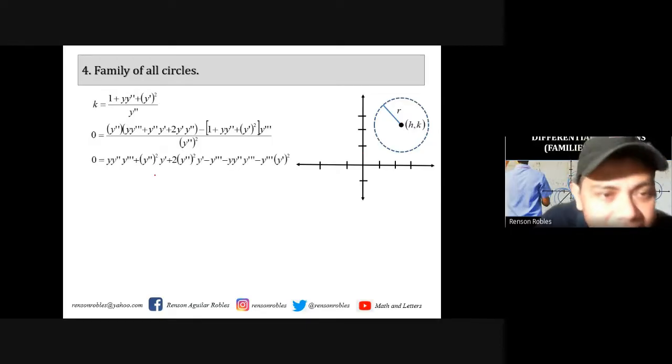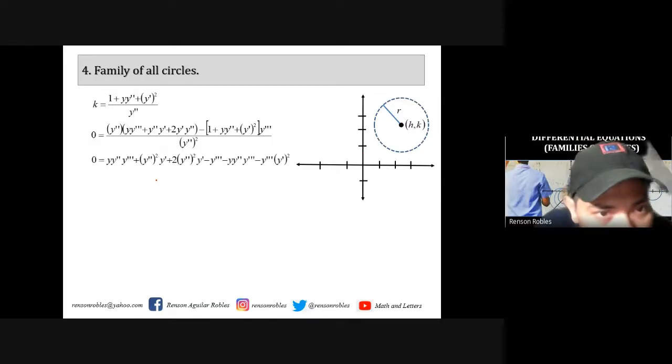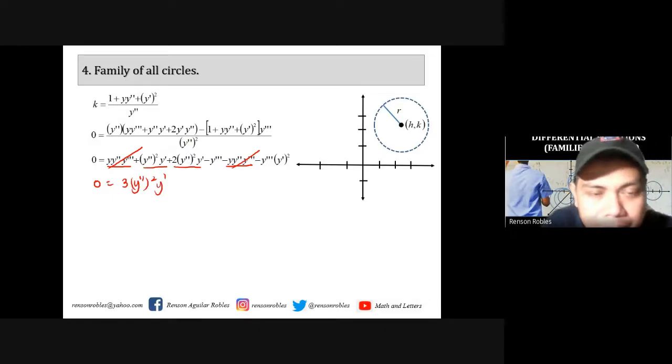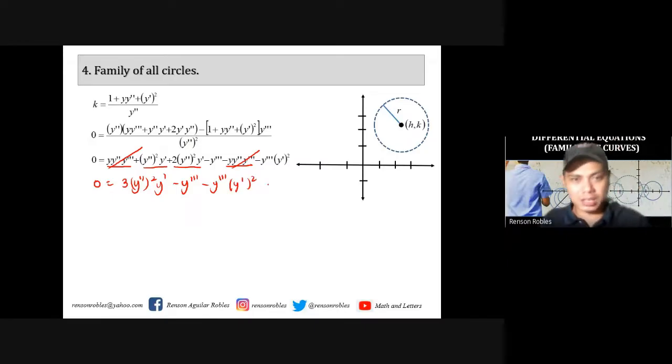So I think we can combine, let's see, this term and this term will lead us to 0, so this will become 0, and I think these two terms can be combined. So you have 0 is 3y double prime square times y prime, all right? And then we just copy negative y triple prime, right? And then the last term, negative y triple prime times y prime square. And I think this is the differential equation that we're looking for.